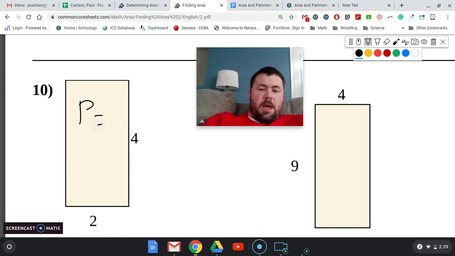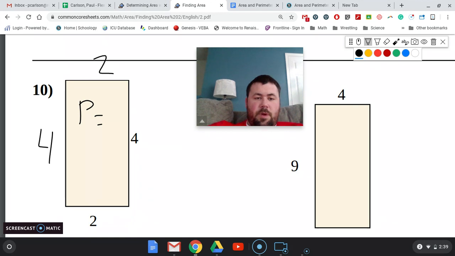Okay, and I know that opposite sides are the same, so go ahead and find the perimeter. So for me, I would write 12 units, because 4 plus 4 plus 2 plus 2 is 12.